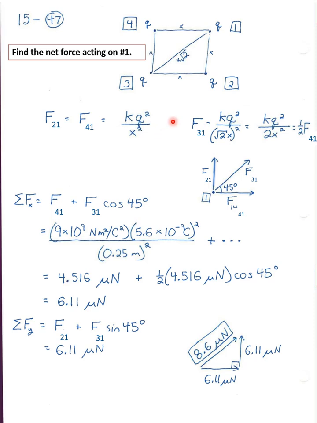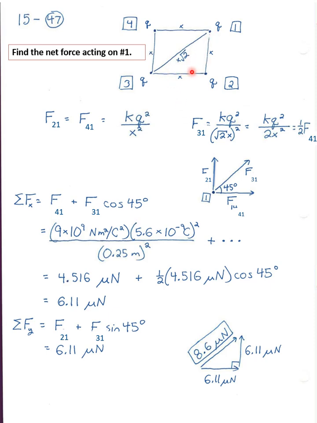What is 3 doing to 1? Well, the force of 3 on 1 is k times q, so kq squared, divided by. Now, let's do some geometry here. You can use Pythagorean theorem to solve for that diagonal, but it's good to know that the diagonal of a square, the length of it, is the square root of 2 times the length of one of those sides.